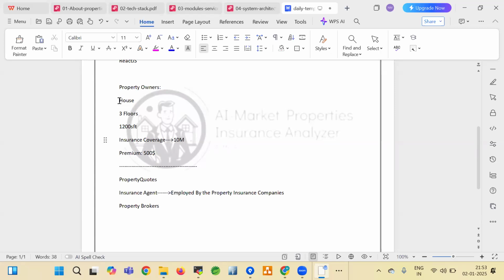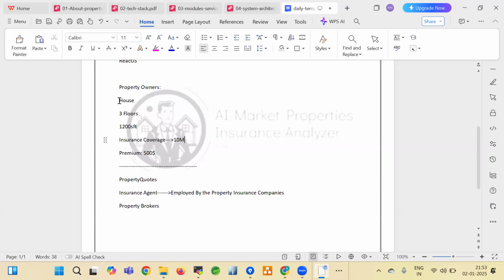So the property owner will get an accurate response back, or at least a tracking back about his property quotation, whether it is going to be approved or rejected. Just imagine if that system existed, then the problem of the property owners would be solved. So that is what our market properties insurance analyzer will do, right?